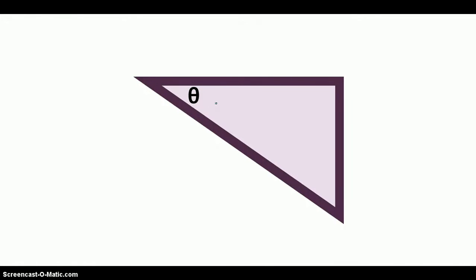Okay, now that you've unpaused this video, we've had a look at the reference angle, which is here. I'm just going to switch colors to red. We can see that this is the 90-degree point right here. This is what we call the hypotenuse.